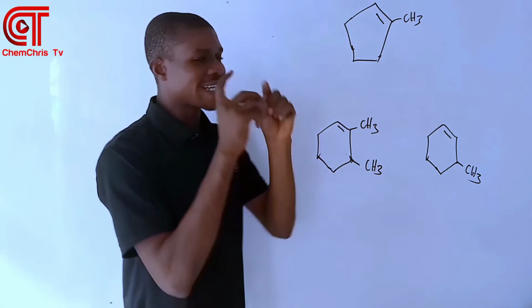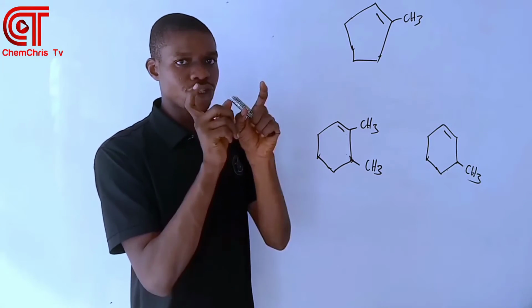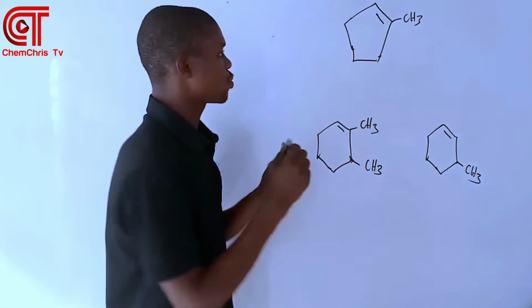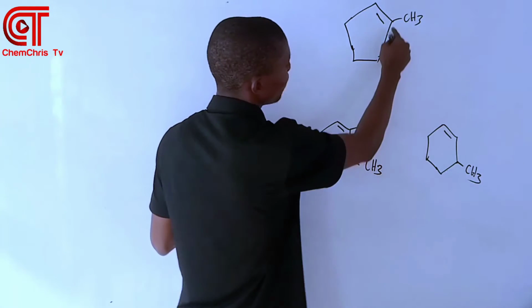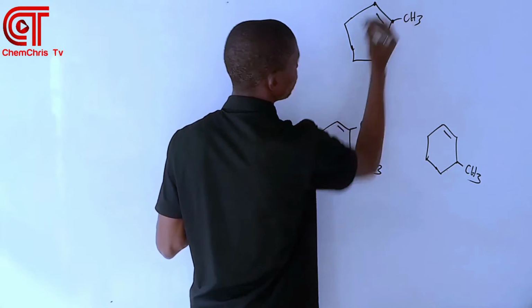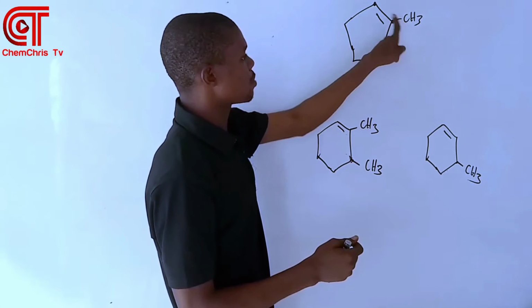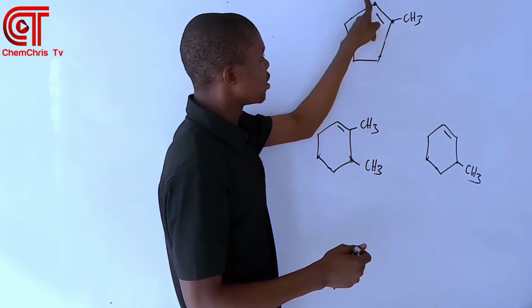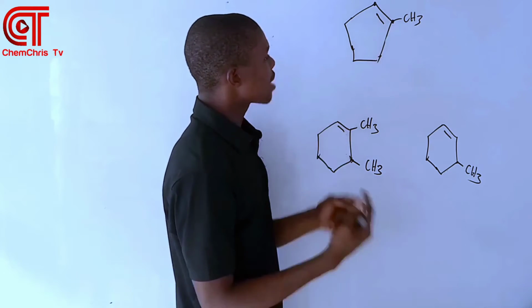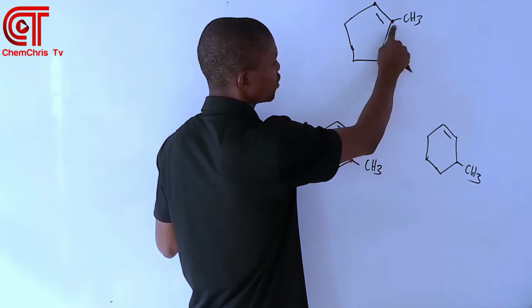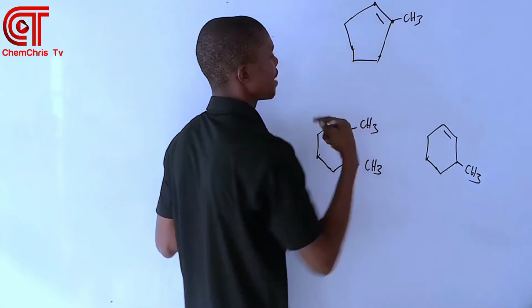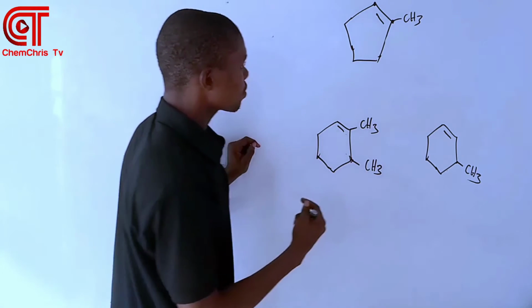So the carbon atoms with the double bond must be my carbon 1 and my carbon 2. If you look at this one here, we have this point and this point that carry the double bond. So that point must be my carbon 1. Either here or here can be my carbon 1. But however, because there is a substituent attached to this point here, this point will not be my carbon 1. Do you get that?